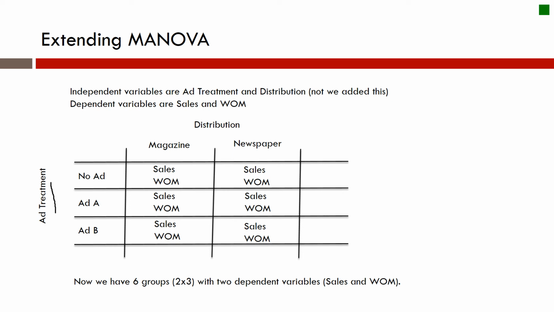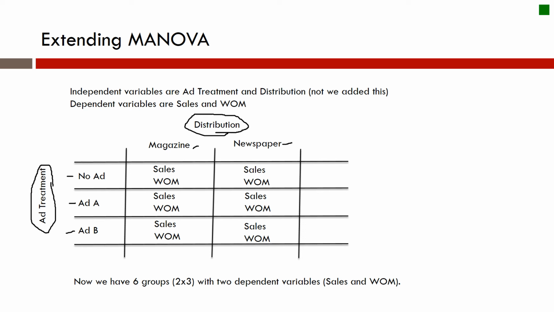However, now we have not only ad treatment, with no ad, ad A, and ad B, but we also included a second independent variable called distribution. In this case, we have magazine and newspaper. So we could put ad A in a magazine, or in a newspaper, or ad B in one or the other.